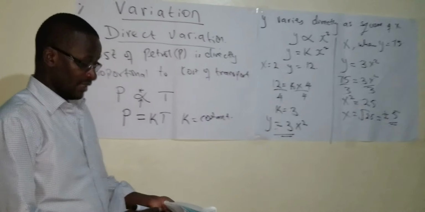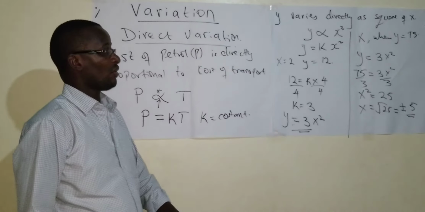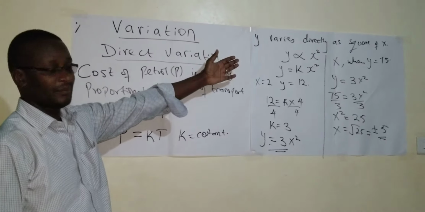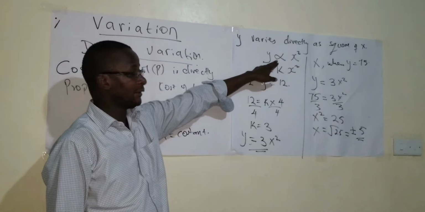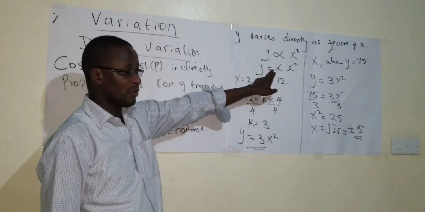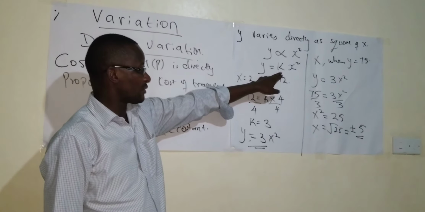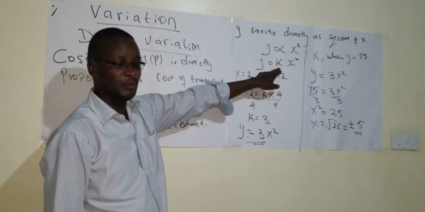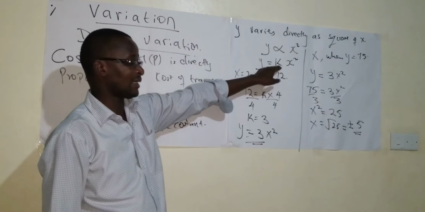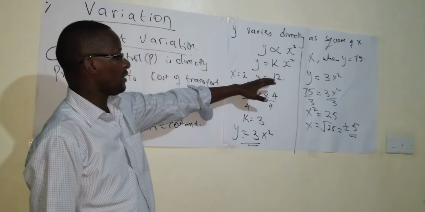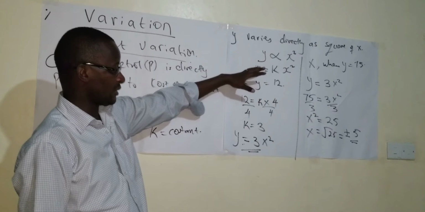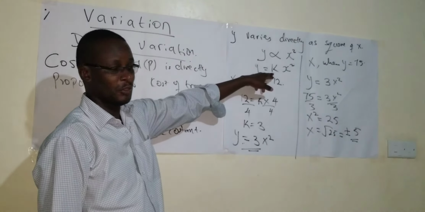So this is how we do questions on direct proportion. You change the proportionality sign into an equal sign, introduce a constant, k. It doesn't have to be k, it can be any letter. You can use a letter that you're more comfortable with. Then you use the more information you're given about the variables and get the constant of proportionality.